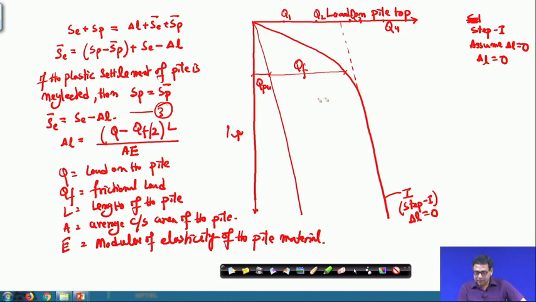That means after a certain point your Qf value is not changing, only Q Pu is changing. So when you apply a load on a pile, first your frictional resistance is mobilized. During that portion, it is not that your Q Pu is exactly 0, but the friction part is first mobilized, then the tip resistance or bearing part is mobilized.